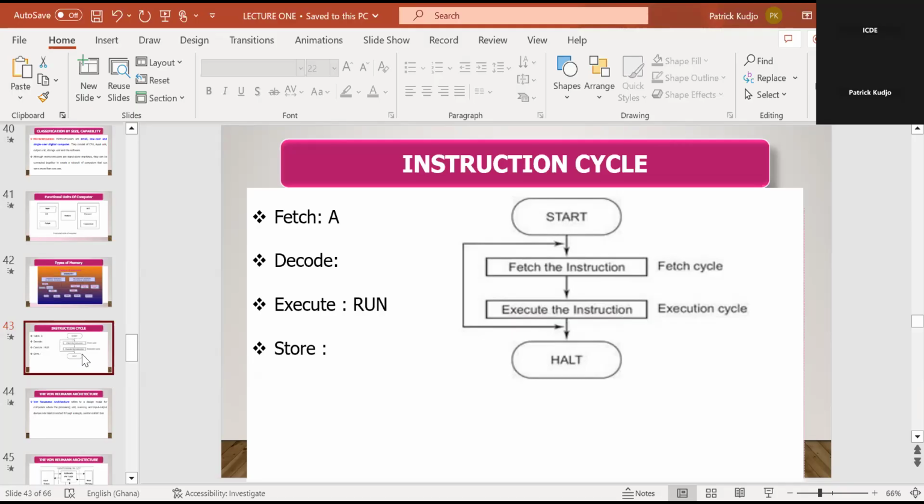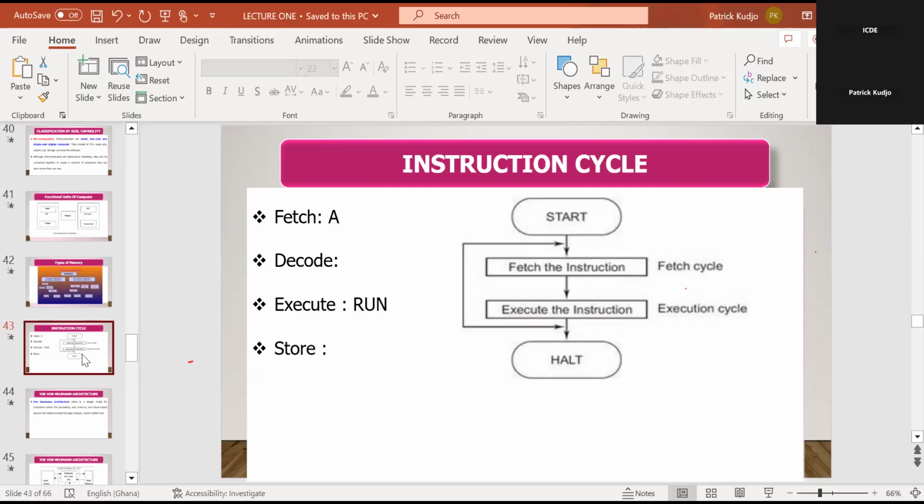I repeat, the instructions are fetched from the memory of the computer. At the decode phase, the instructions are broken down into smaller parts, which helps us ascertain the type of operation to be performed.